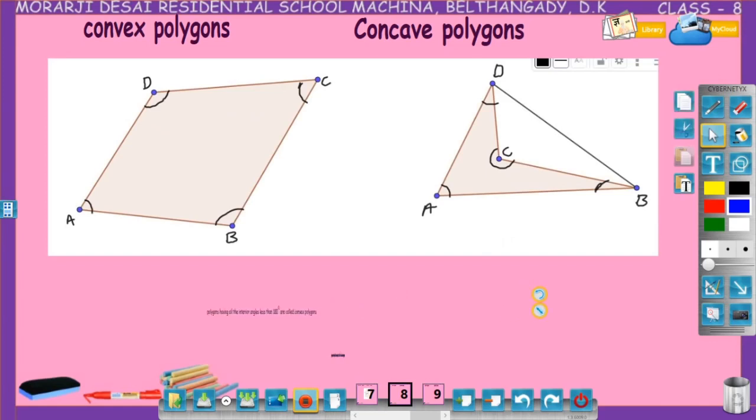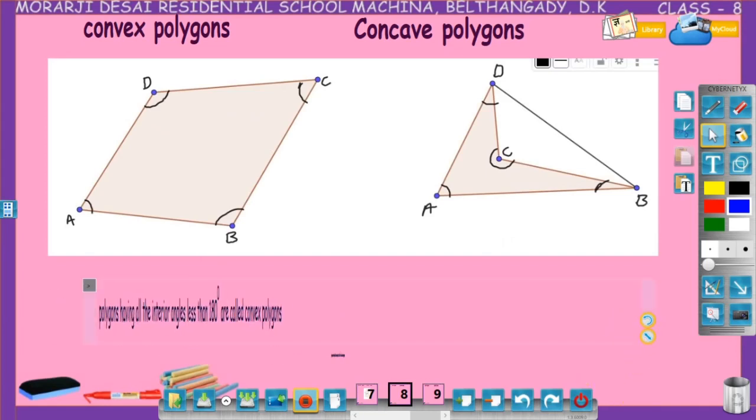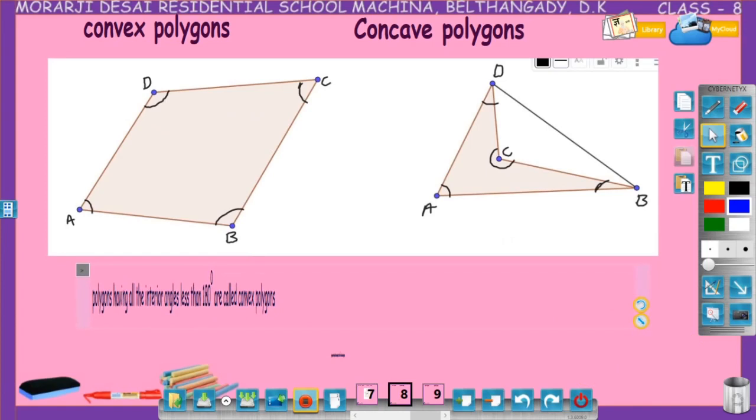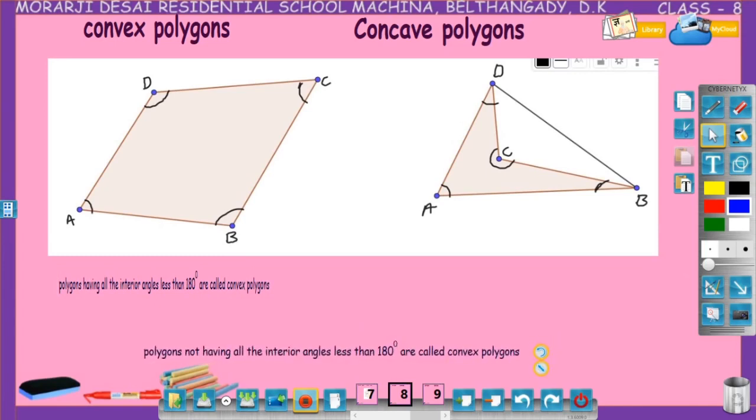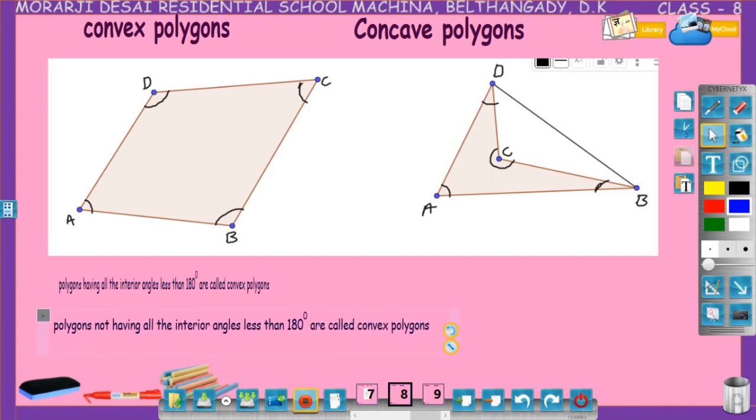So these are convex and concave polygons. Polygons having all the interior angles less than 180 degrees are called convex polygons, and polygons not having all interior angles less than 180 degrees are called concave polygons.